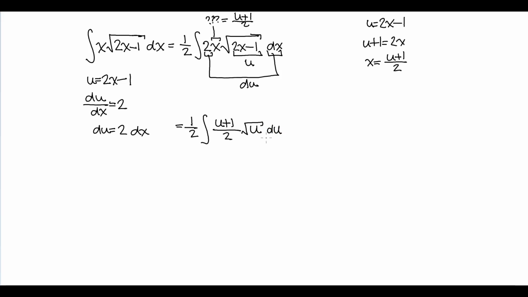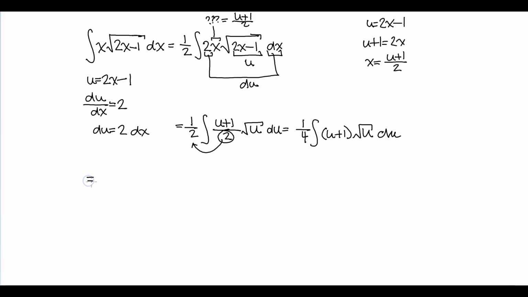Okay? Now, if we can bring out this 2 over here, you get 1 over 4 times u plus 1 times square root of u du.